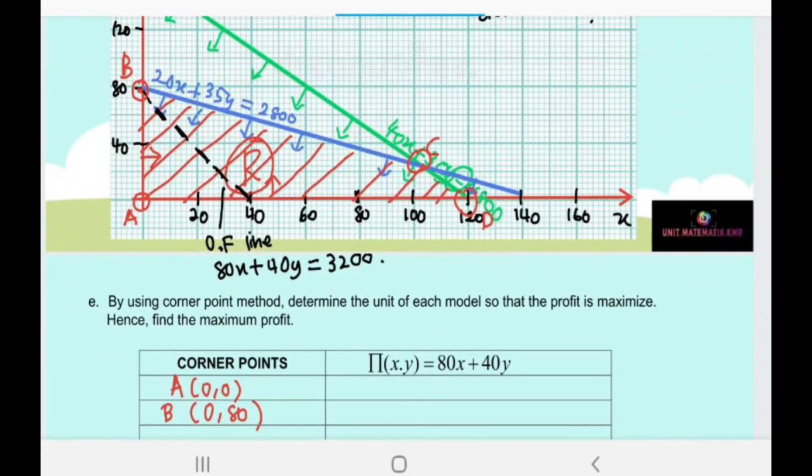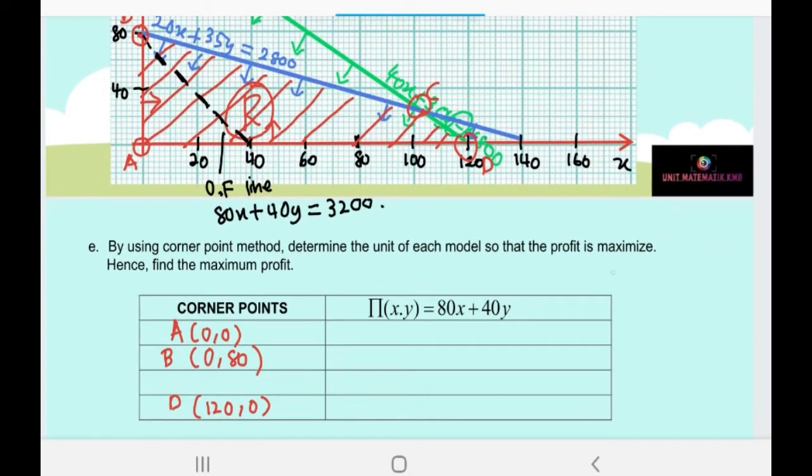Okay, so we got inequalities here. We got 40x plus 30y equals 4800, and we have 20x plus 35y equals 2800.